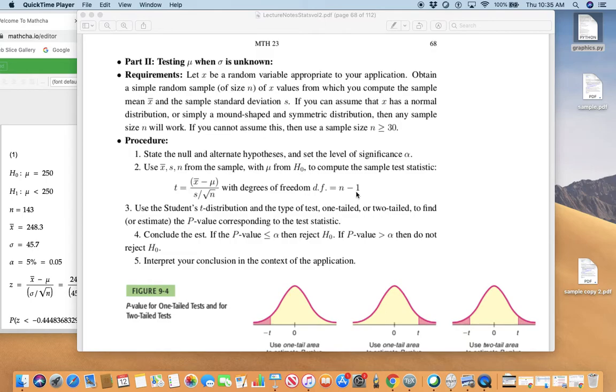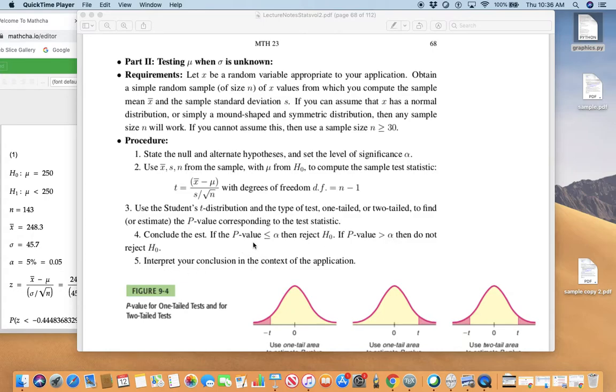This comes with degrees of freedom n minus 1. For this, you would find the p-value again using the student's T distribution. If the p-value is less than or equal to alpha, then reject H naught. If the p-value is greater than alpha, do not reject H naught.